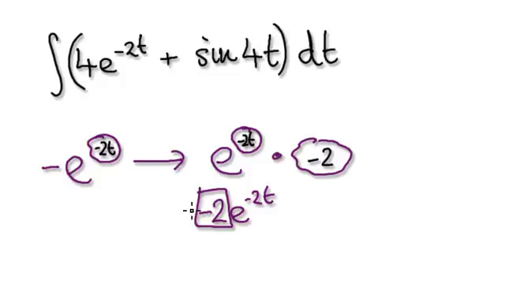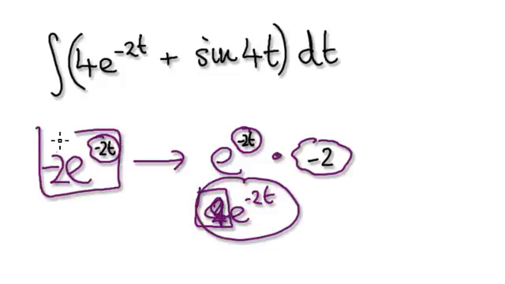If we make this adjustment here, this will get rid of the minus here. And then we want to turn this into a 4. So if we make this adjustment here, then when you differentiate it, it will give you this 4. So when you differentiate this here, it will give you 4e to the power of minus 2t. Okay, so this here would be the answer to this bit here.